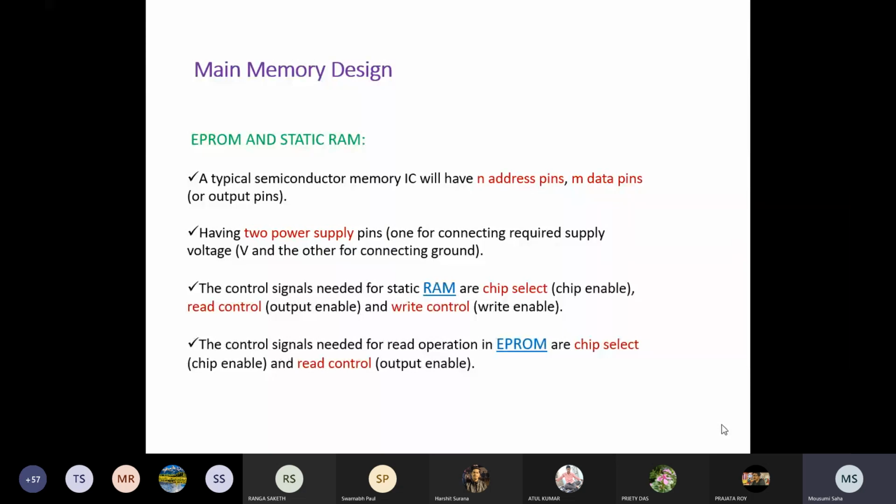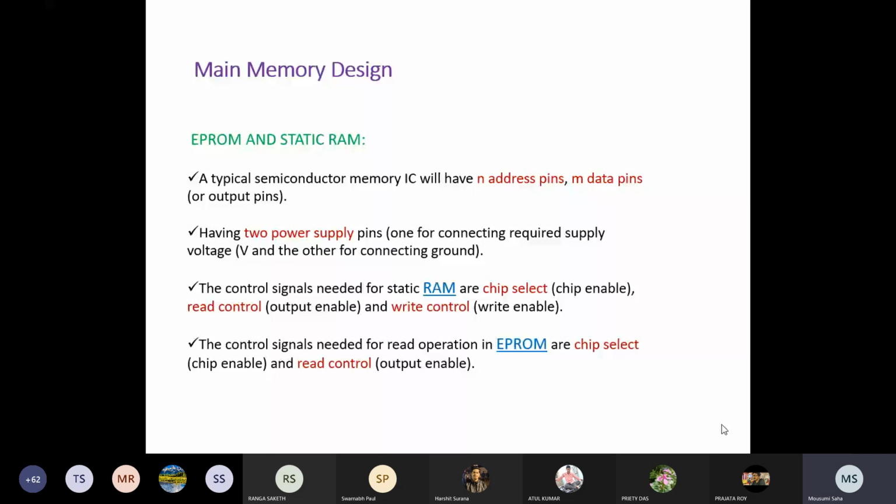Okay, so we only have the read control signal for this. And another control signal is chip select. The chip select control signal is for RAM and also for the ROM. From the name also you can understand that chip select means that with the help of this control signal, you can select that particular chip or device.